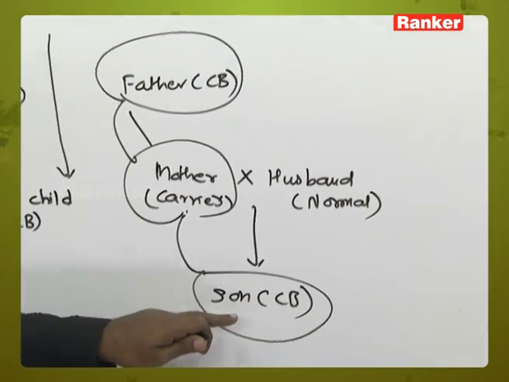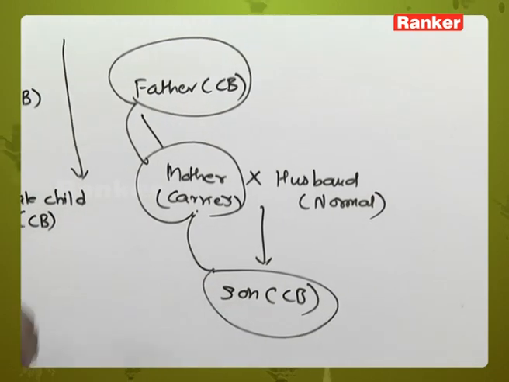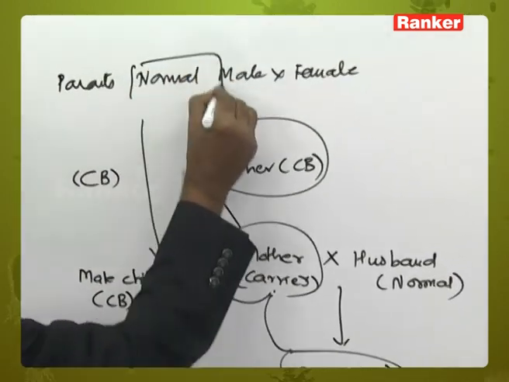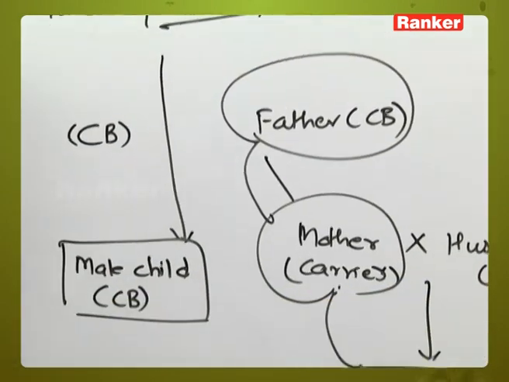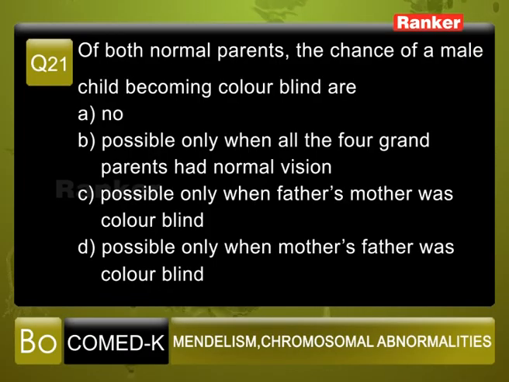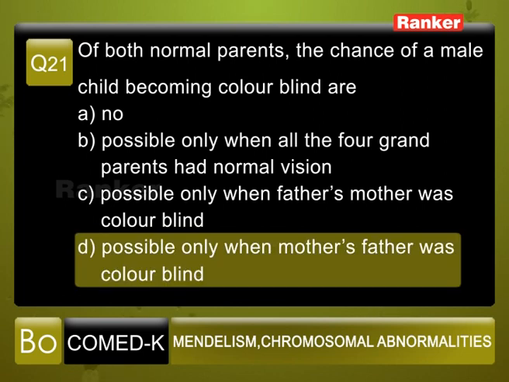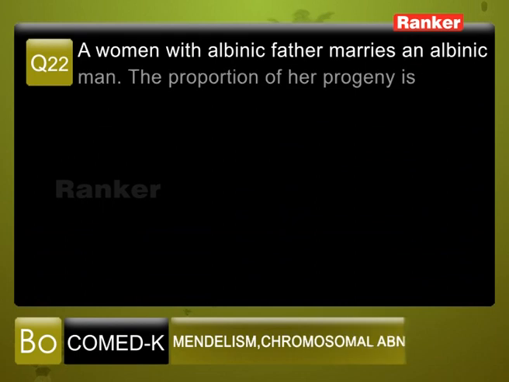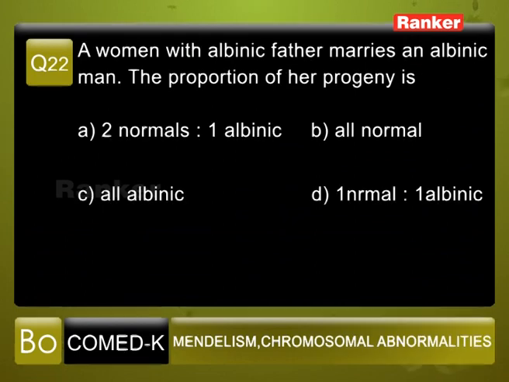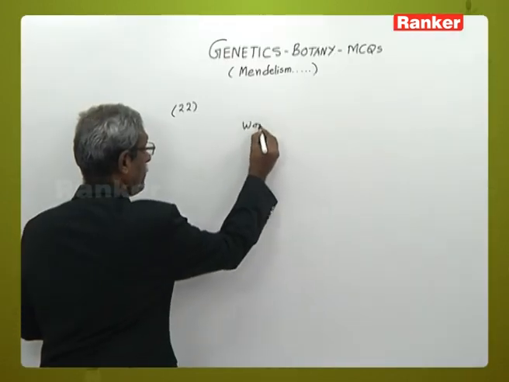So the possibility exists when both the parents are normal; if the male child has to be colorblind, it is possible only when the mother's father was colorblind. Hence the answer is D. Correct answer is D.